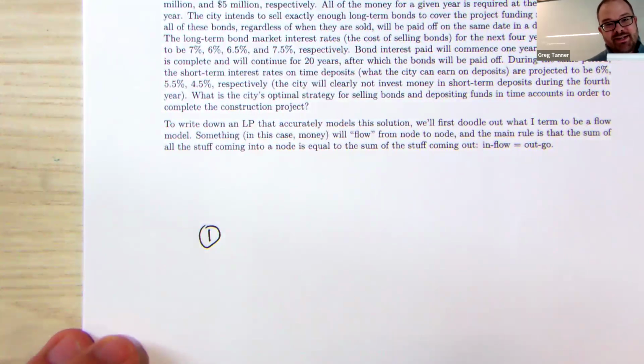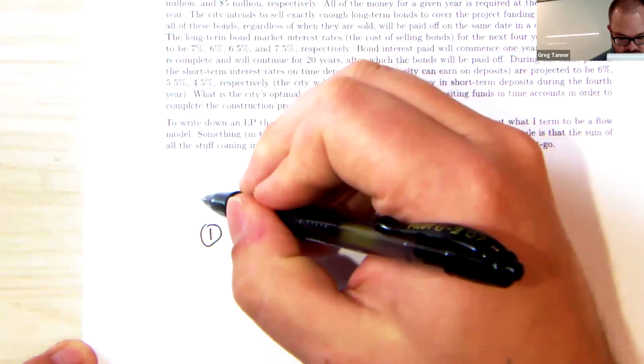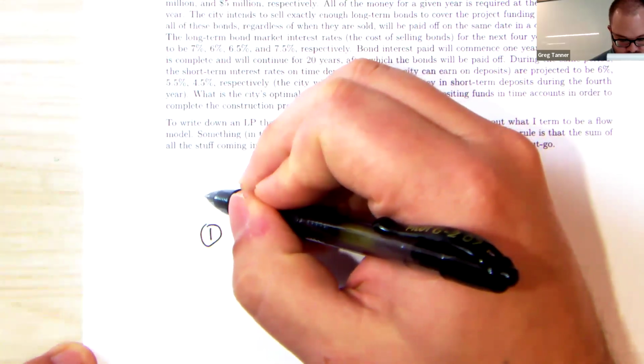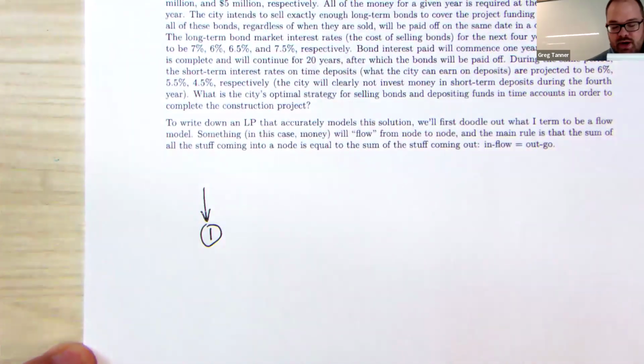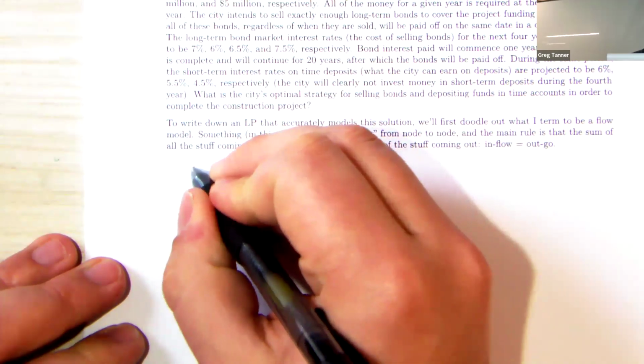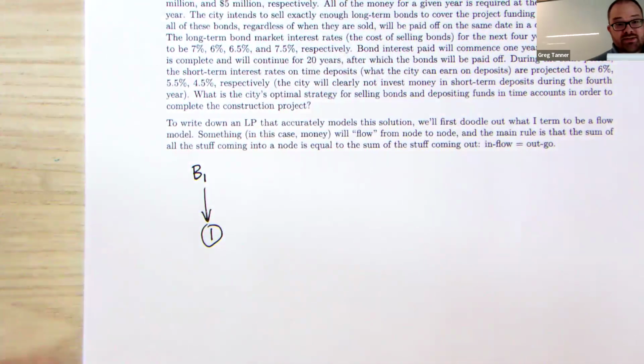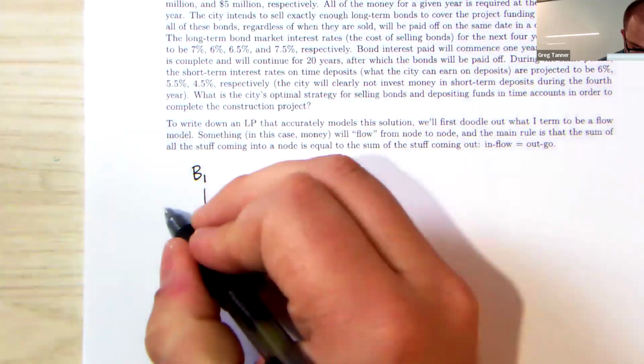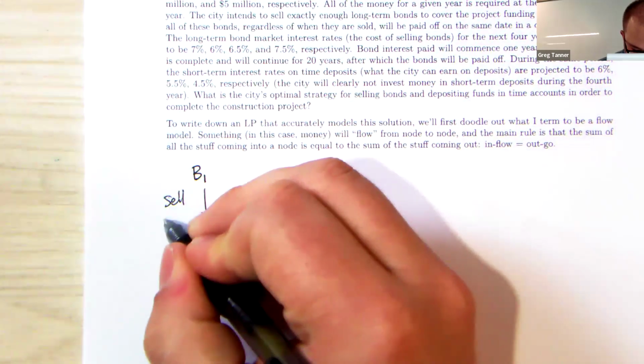Money flows into the bank accounts of the city, and it flows out of them. We can bring money in by selling bonds, and I'll call this B1. That's one of our decision variables: I can sell B1 amount of bonds in year one. Each of these little arrows comes from selling bonds.